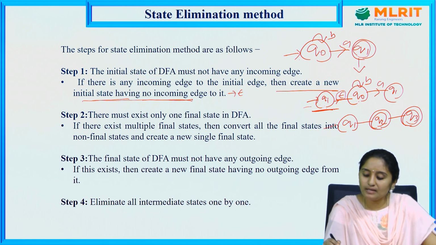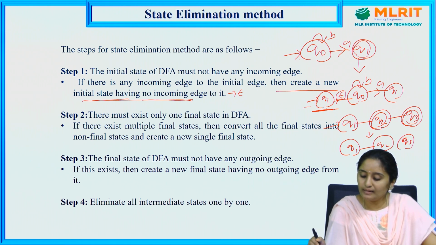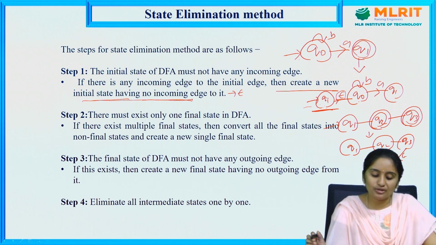Multiple final states are not allowed, so we create one new state, QF, and connect Q2 and Q3 to it. So only one final state should be there.